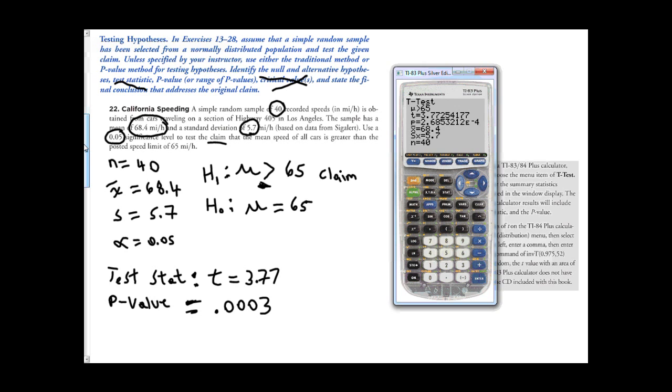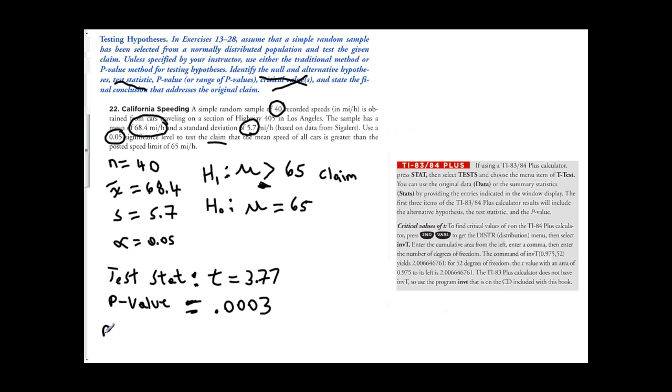Because our p-value is less than our value of alpha, we're going to state our initial conclusion here. Because the p-value of 0.0003 is less than our value of alpha, which is 0.05 for the significance level, we reject the null hypothesis.